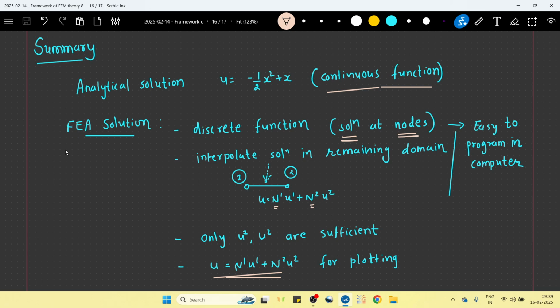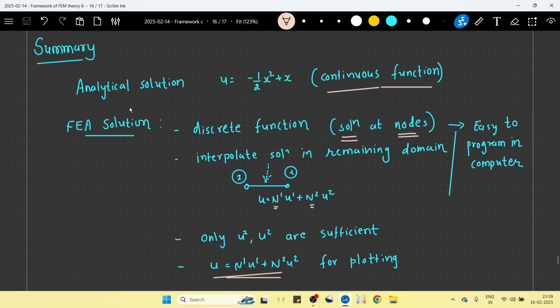We took one element discretization and two element discretization, and we found the FEA solution for these two examples. And we also have seen how this FEA solution gets closer to the analytical solution with the refinement of mesh.